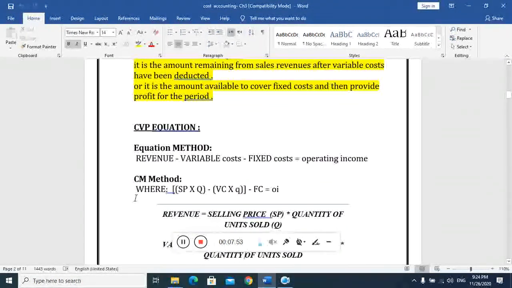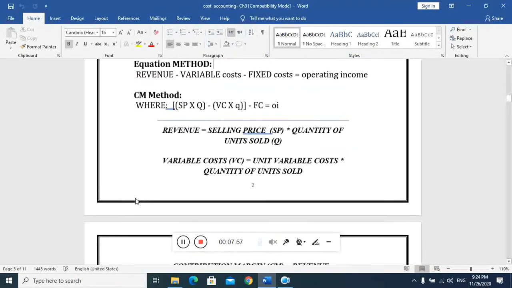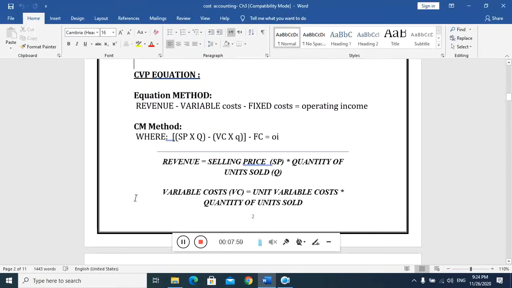CVP equation: we can use the equation method. The CVP equation method includes that revenues minus variable costs minus fixed costs equals operating income, and the contribution margin per unit method, where we use symbols here.